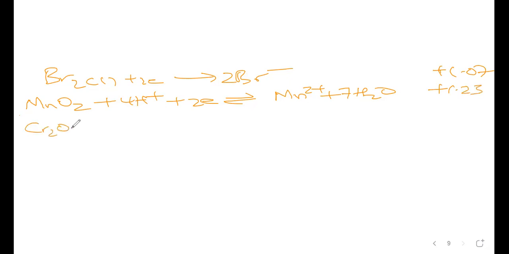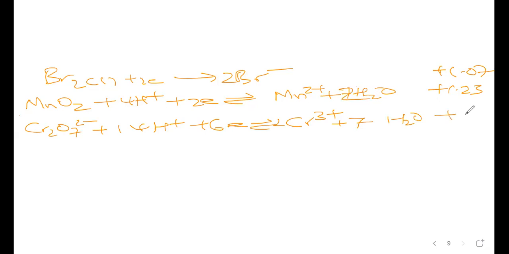Dichromate 6, 14 hydrogen ions, 6 electrons, chromium 3, 2 of them, 7 waters. This should be 2 waters. This is positive 1.33. Chlorine, 2 electrons, chloride ions, positive 1.36.